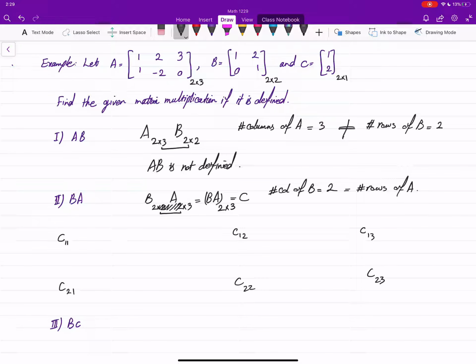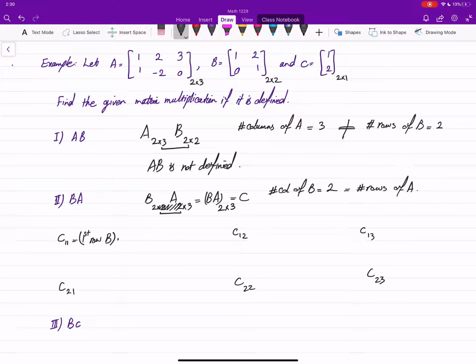So to find the ij entry, we pick the ith row of the first one and the jth column of the second one. Here, B, pick the first row of the first one, which is 1, 2.